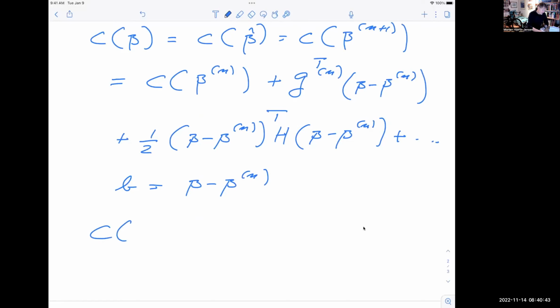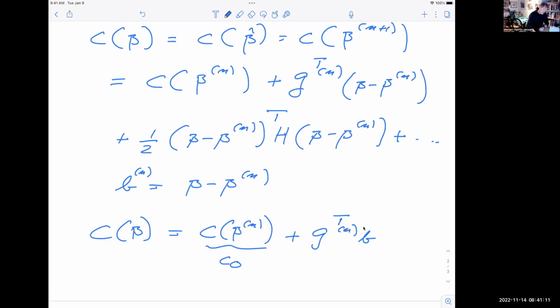So I'm going to have a C of beta, and then I have a constant C of beta of n, which I'm going to label as C0, plus the first derivative term, the gradient at beta of n, multiplied with this vector, and this vector has a dependence on n, so it's going to be b of n.